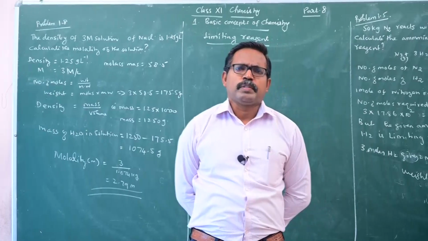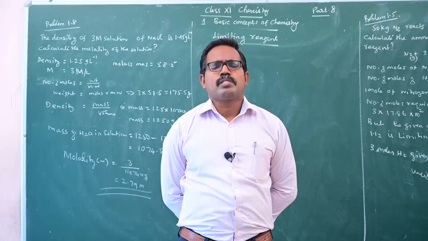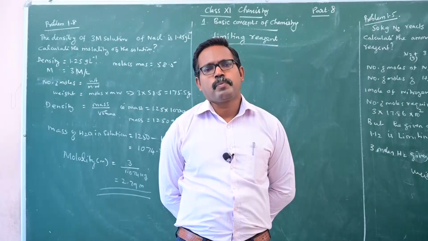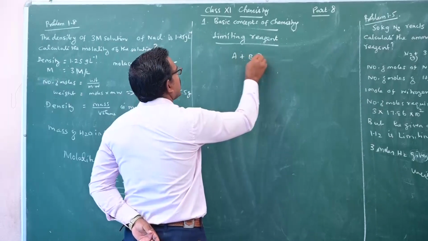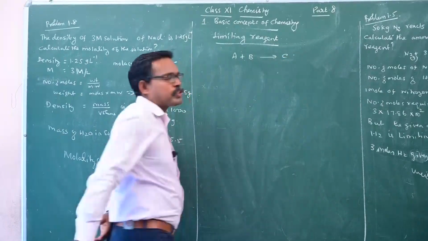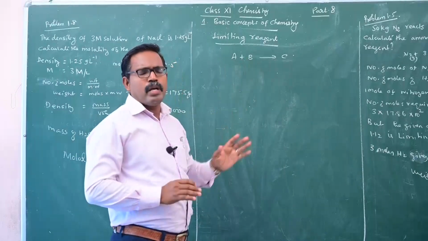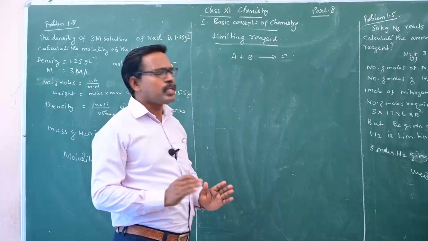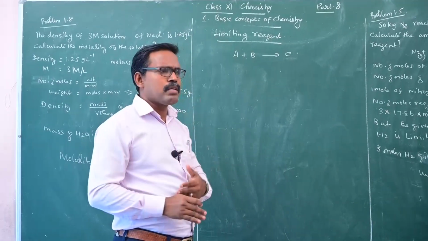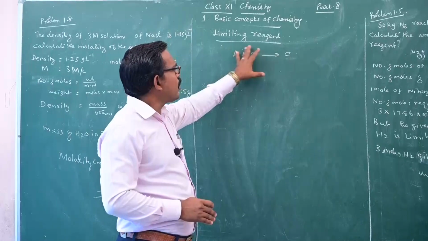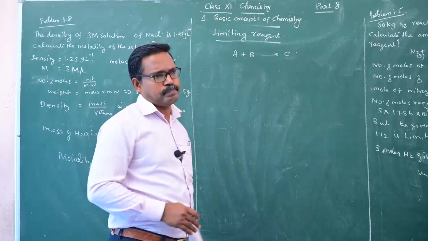We know that reactant molecules react together to produce the product. Let us consider A plus B giving C as the product. A and B completely react together to produce the product. After the formation of product, we can't expect reactants in the reaction medium.